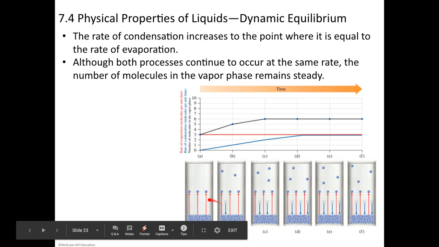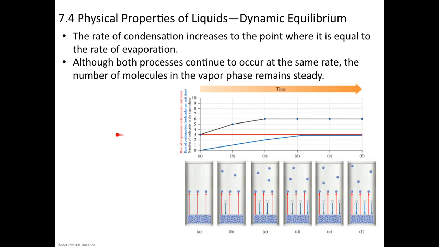The amount that go into the gas phase stays the same, and eventually those two things equal each other out. When they equal each other out, we have what's referred to as equilibrium. Every time a molecule jumps into the gas phase, a different molecule hops back into the liquid phase. If we can measure that pressure of gas, that's referred to as the vapor pressure of that liquid.